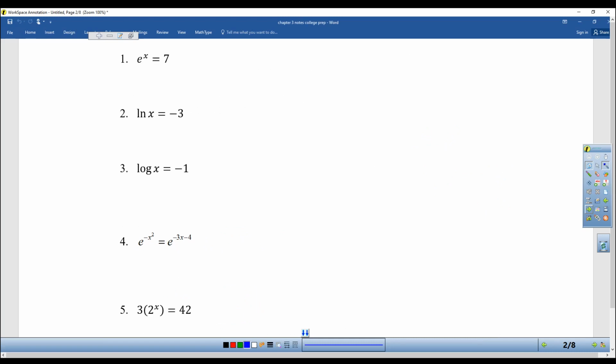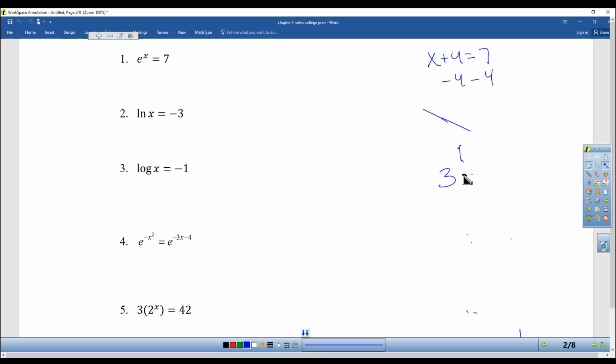So the main way that we're going to solve these problems is by undoing things with an inverse operation. You've been doing this literally for years. If you have x plus 4 is equal to 7, what did you do to solve this? You subtracted 4 from both sides, because subtracting is the inverse operation of adding.